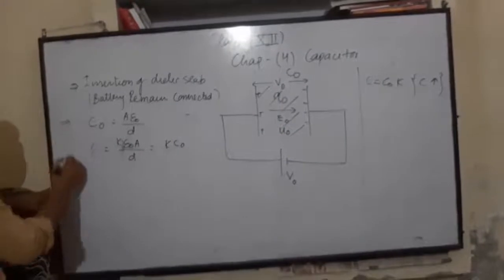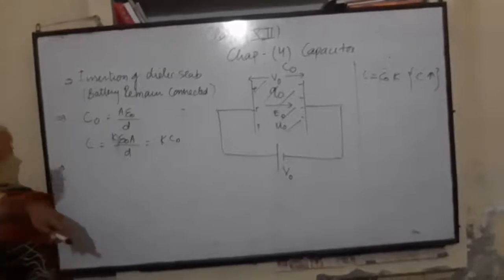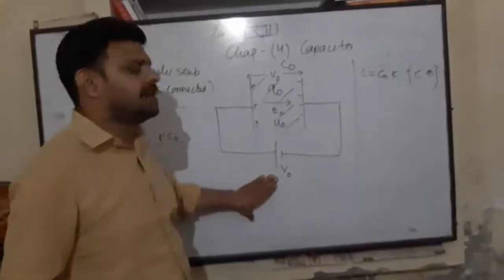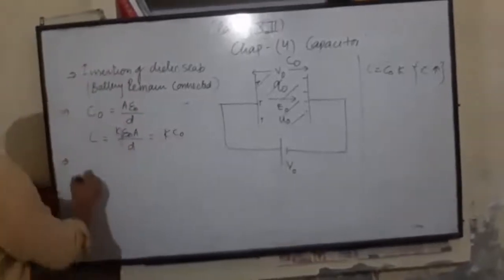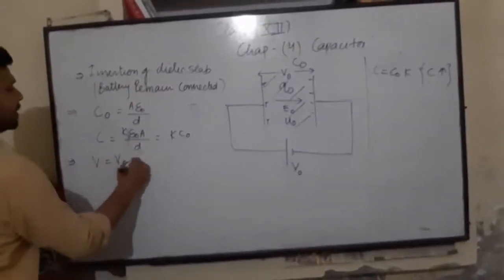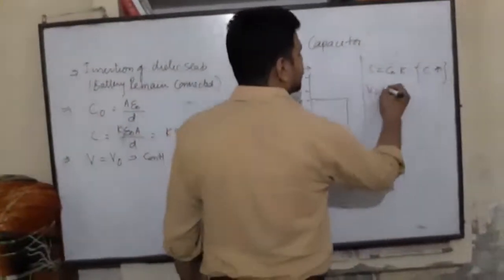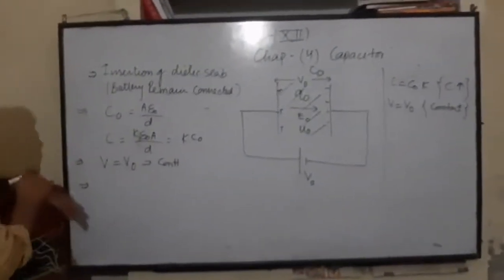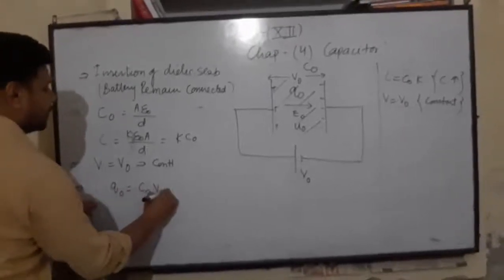Now, what will be constant? The potential difference is the potential difference provided to the capacitor by the battery. The battery is providing potential difference to this capacitor. So V is equal to V naught, it remains constant. Now, what about charge? We know the initial charge Q naught is equal to C naught V naught.